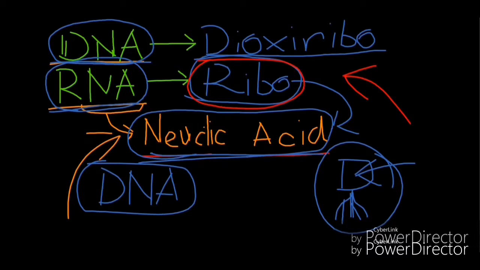The RNA translates the genetic instruction from DNA to the cell. That means when DNA gives an instruction to create a new protein, which is a genetic instruction, RNA translates this from DNA to the cell so that the cell can understand what the DNA is asking it to do.